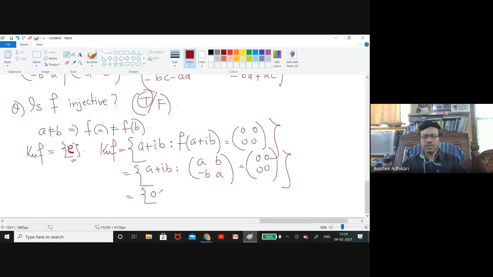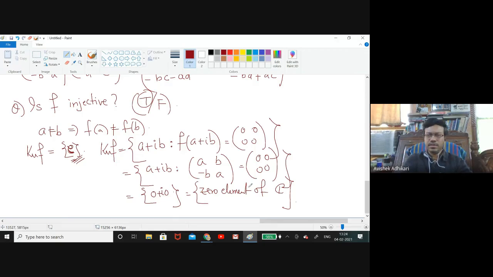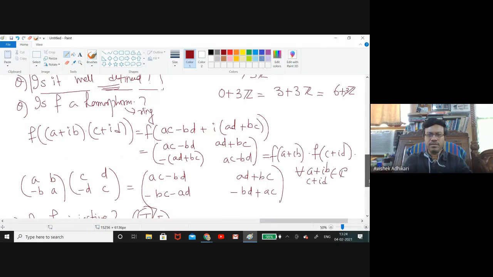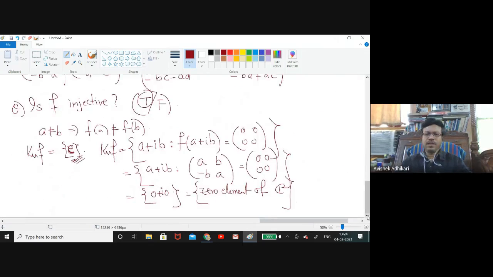That means 0 plus i0 is the only element, the zero element of C, which is the identity element. So since the kernel of f is trivial, my conclusion is that f is injective.